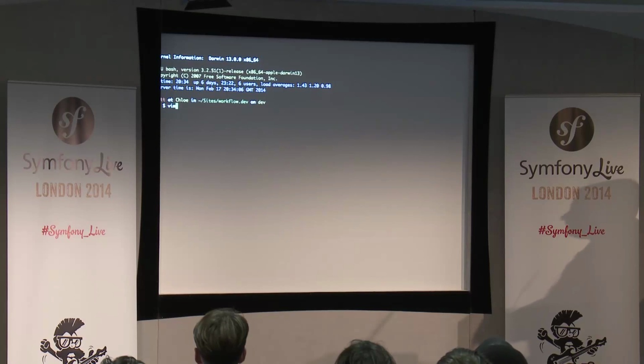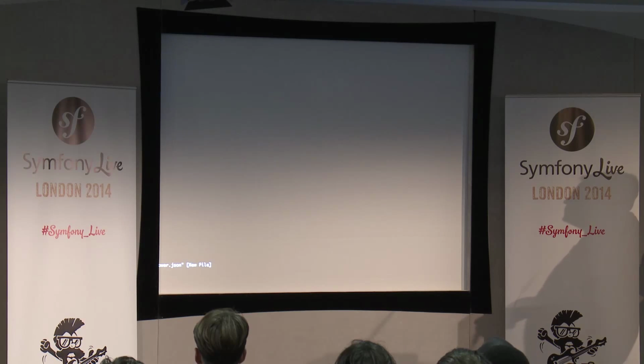So you have a bower.json file in your project, which the first thing you need to do is create, a file which has just got the name of your project. If you don't have the name of your project, it doesn't work. I don't know why, it just doesn't work.